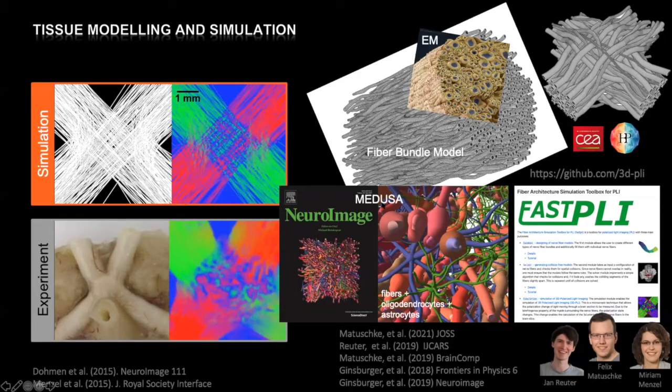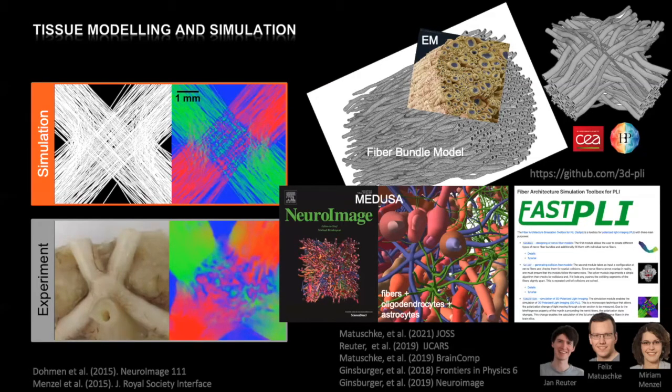One tool is called Medusa, which is a very highly detailed modeler tool, but we also provide a very simple one for different kinds of tube-like fiber bundle models, which is sometimes much easier to handle with PLI measurements. But you can use the same structures for doing your simulation, either in diffusion MRI or in polarized light imaging.